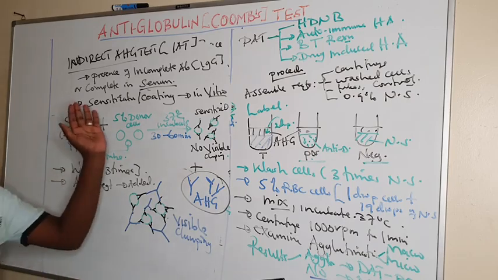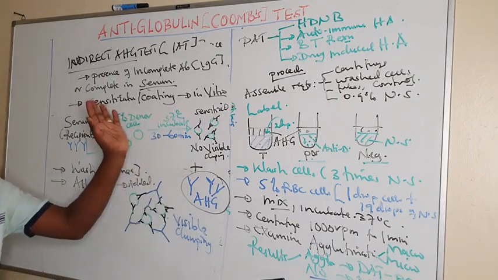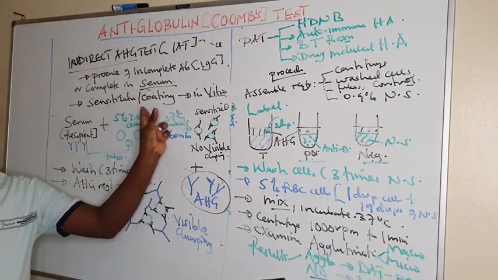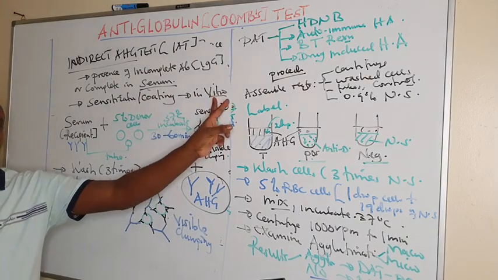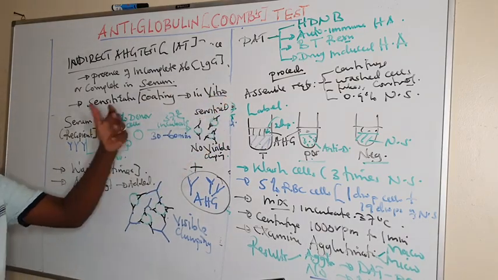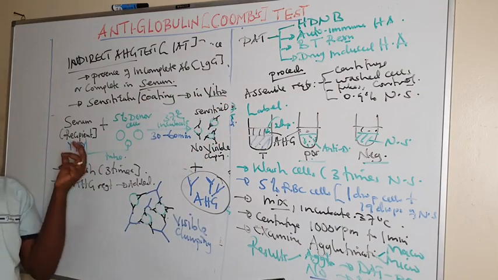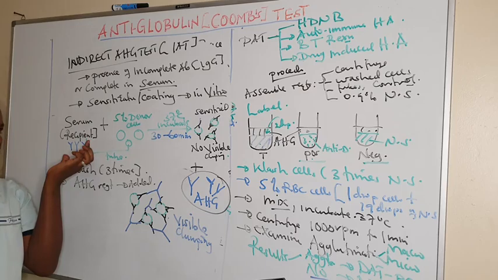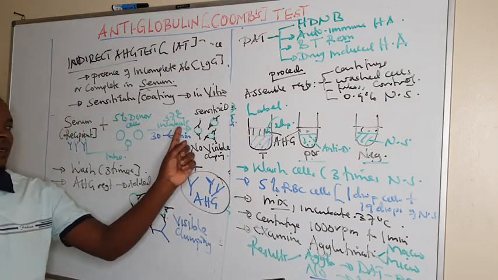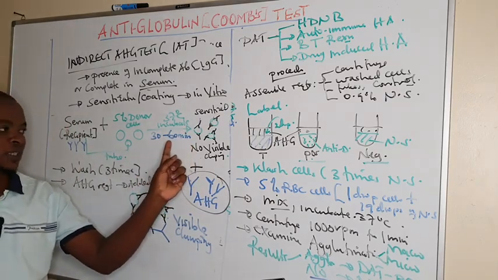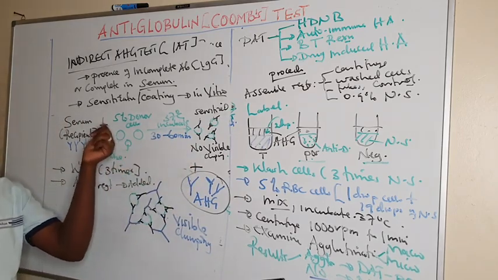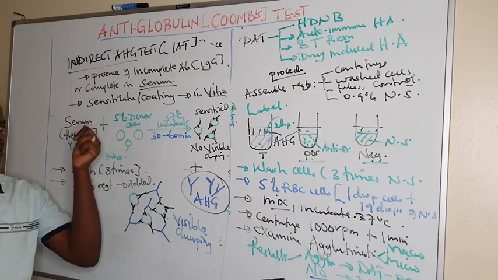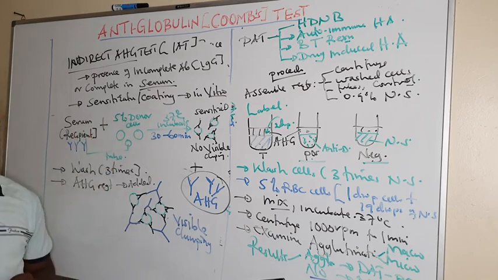We saw in indirect Coombs, sensitization or coating of red cells is done in the test tube, that is in vitro. How? By getting the recipient serum containing incomplete antibodies, incubating them at 37 for 30 to 60 minutes in the presence of 5% donor washed red cells.